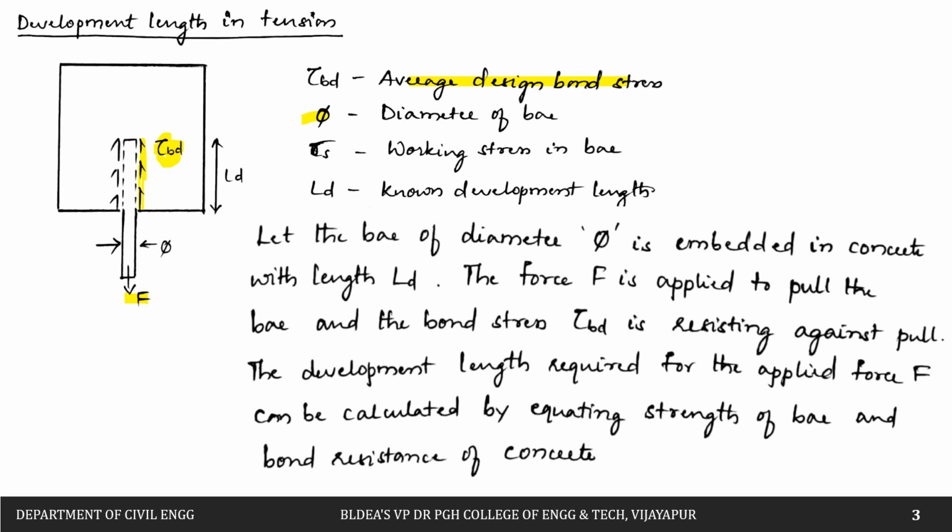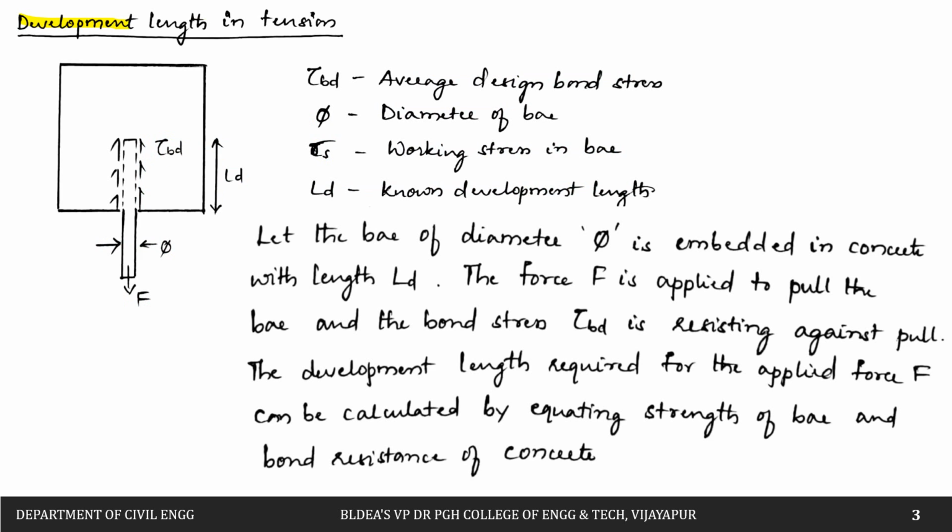Phi is the diameter of the bar, sigma s is the working stress in the bar, and LD is the development length embedded in the concrete.